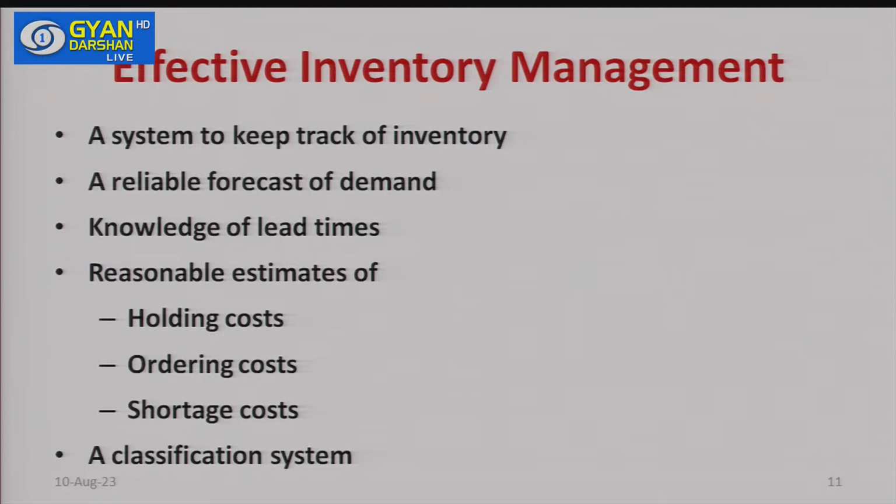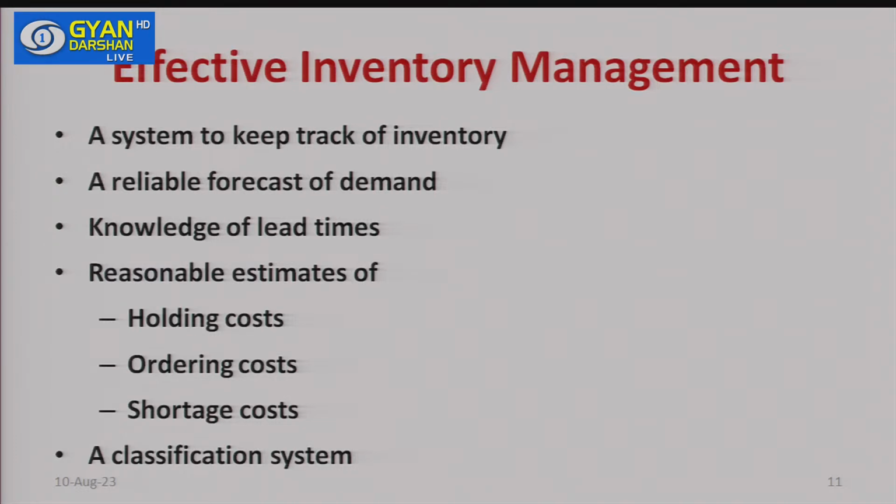Then you can estimate the holding cost, the cost incurred for keeping the material. Ordering cost means the cost incurred in making the order. The shortage cost is the cost which occurs when certain items are in shortage and your competitors are taking advantage of that.